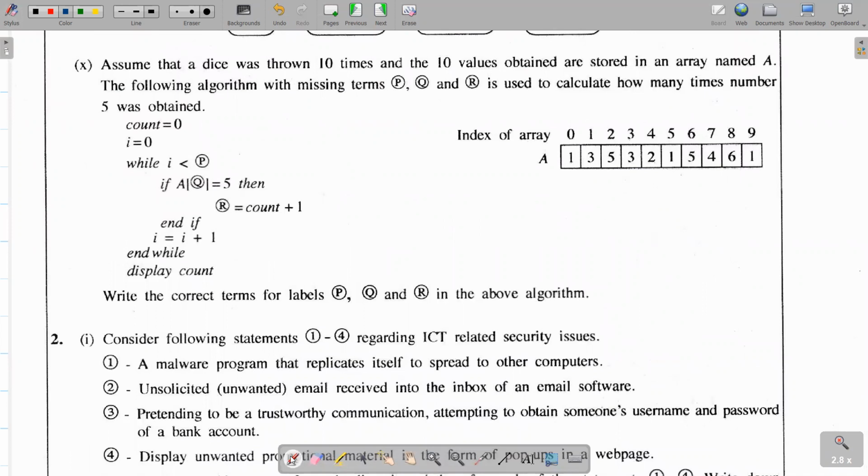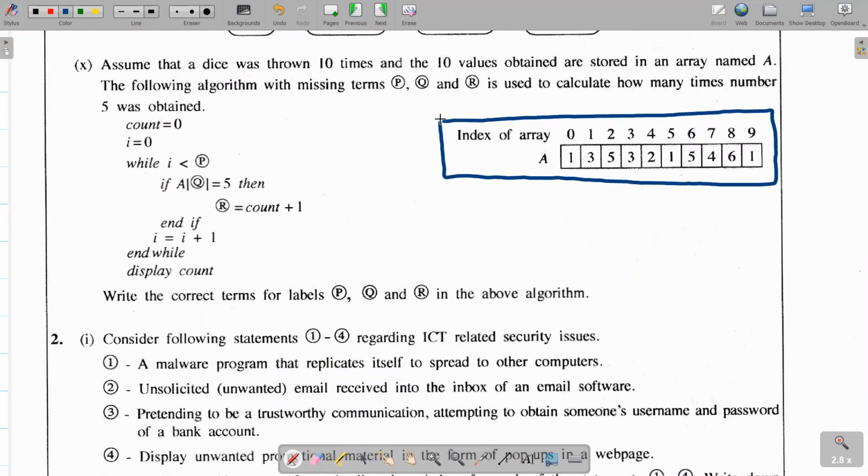Yeah. So what they are saying is, Chanuri, this is the array that they have created by throwing a dice 10 times. So these are the values that the dice has given, right? For 10 times. And they have inserted it into an array.